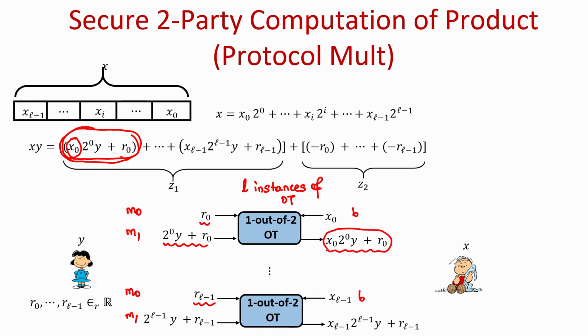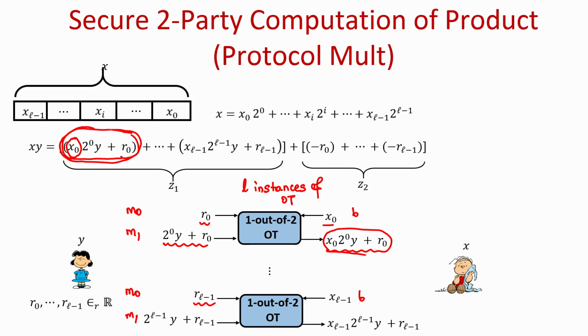Through the first OT instance, the first party, the owner of x, will receive a masked version of x0 times 2 power 0 times y, where the mask is R0. Namely, if his choice bit x0 is 0, then he learns only the mask R0, otherwise he learns a masked version of this thing, but he won't learn both the messages.